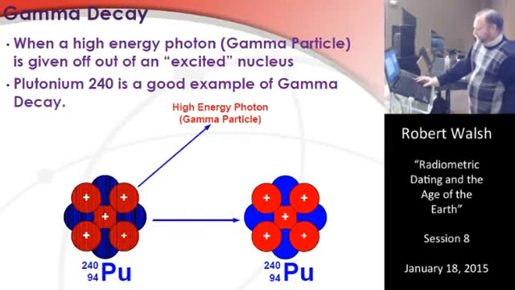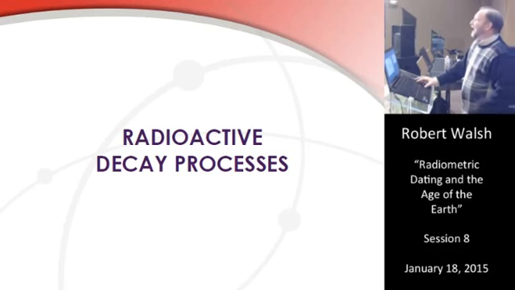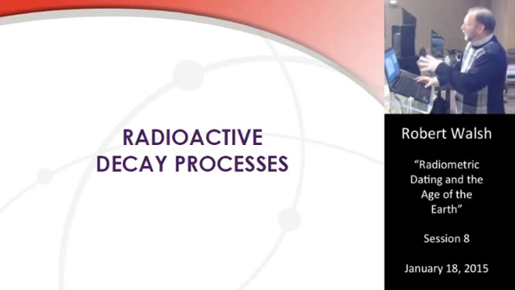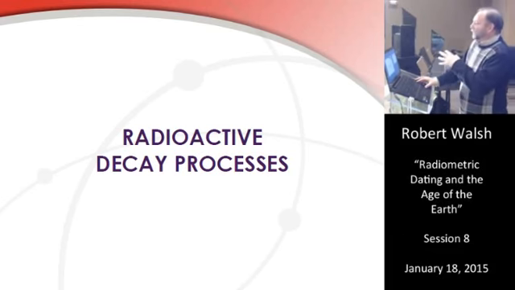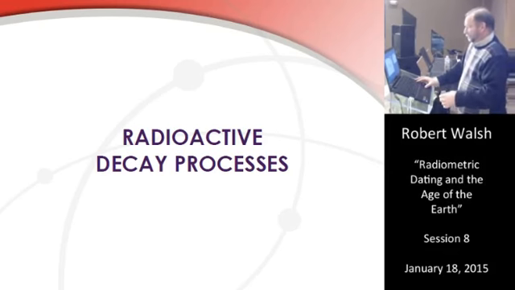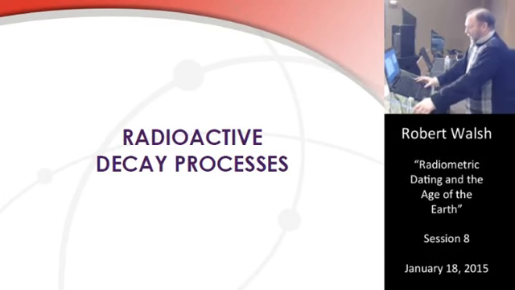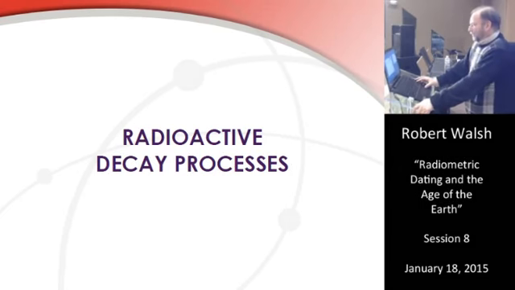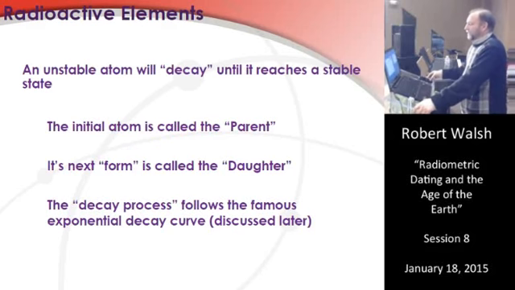So let's take a look at the actual radioactive decay process and see how this works and how you and I might use this as we develop our creation model. So what happens here is an unstable atom will decay until it reaches a stable state. Okay?